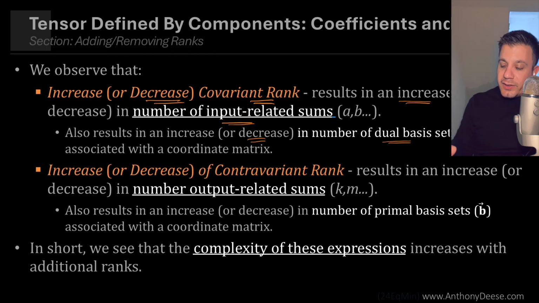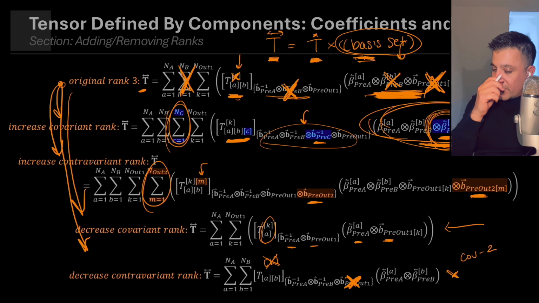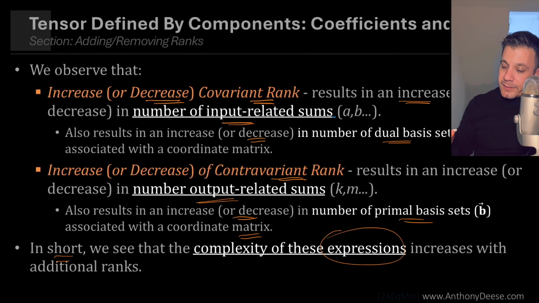An increase or decrease in contravariant rank results in an increase or decrease in the number of output-related sums. This also corresponds to an increase or decrease in the number of primal basis sets associated with our coordinate matrix. In short, we see that the complexity of these expressions increases or decreases with additional ranks. Okay, and I'm going to spend 1 second here erasing some of this, if it'll let me.